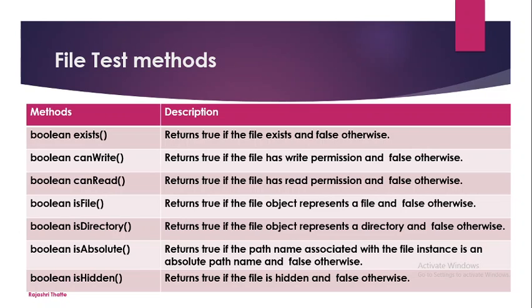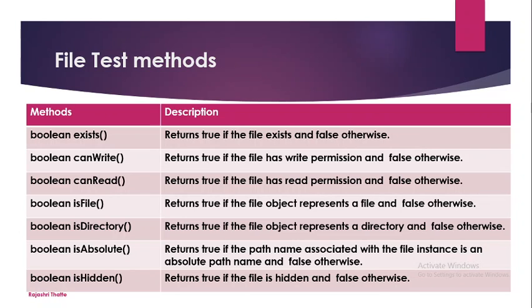Next method, boolean canWrite. Two words, where W is capital. Methods start with a small letter, so c is small and W is capital. If we want to check whether the file associated with my file object has write permission, I can check.